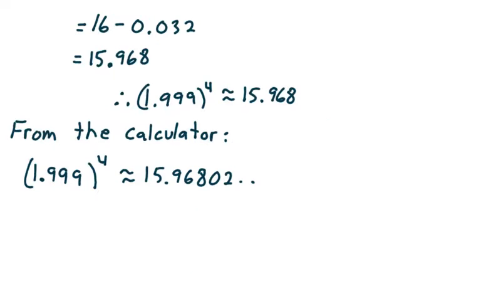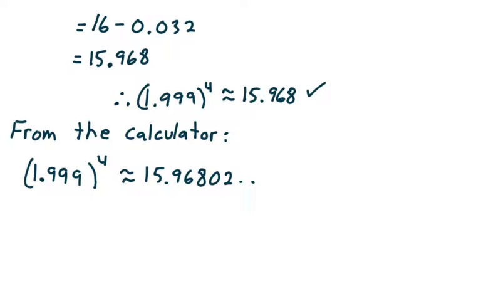Now, when we do the calculation, we end up with 16 minus 0.032, which is equal to 15.968. And so I claim that 1.999 to the fourth is approximately 15.968. Now, I'm putting this in the calculator to drive home the point.